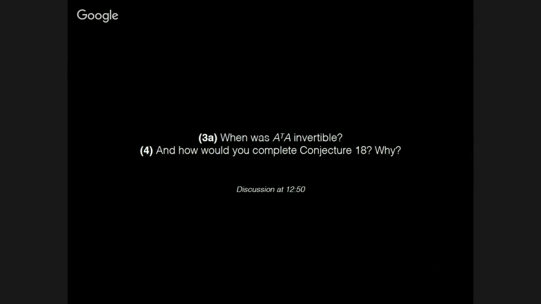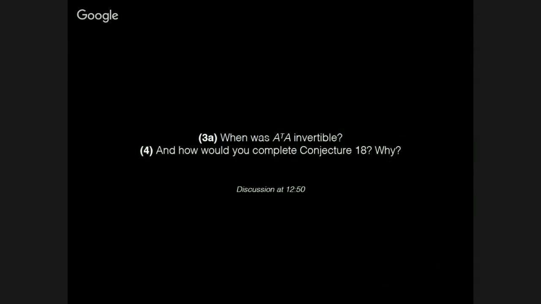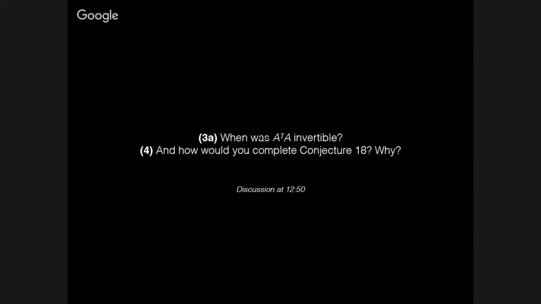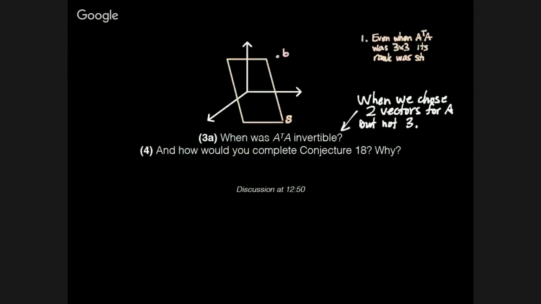Okay, so one observation coming from Jamie and from Team 3 is that even when A transpose A was 3 by 3, its rank was still 2. That's interesting. All right, so that is an important observation.